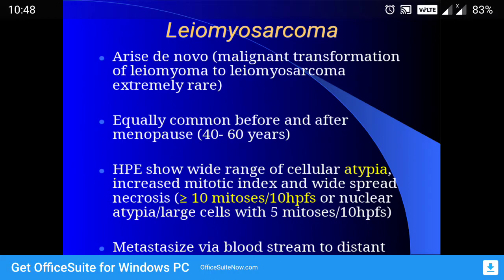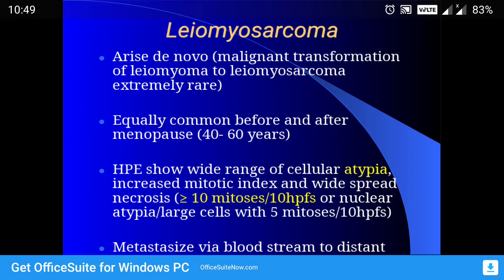How do you diagnose leiomyosarcoma? Mitotic figures. The important feature to diagnose leiomyosarcoma is the presence of mitotic figures. If the mitotic figures are more than or equal to 10 mitoses per 10 high power fields, then you can call it leiomyosarcoma.